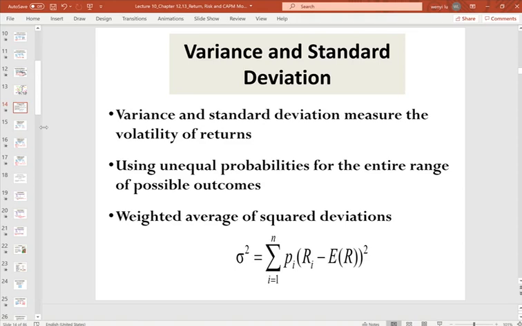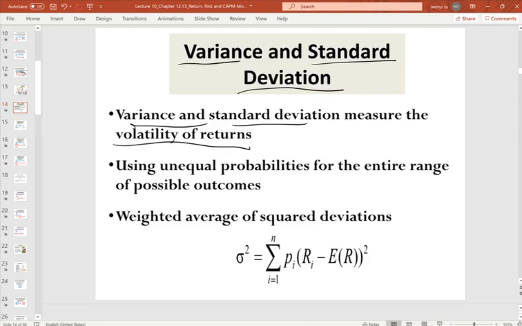In this video, we will continue to measure risk. We use variance and standard deviation to measure risk. Variance and standard deviation are two measures of the volatility of return.